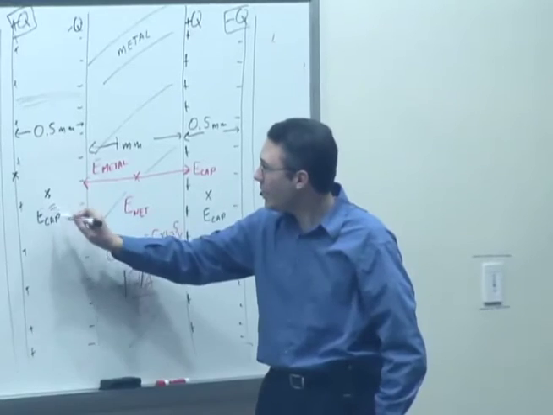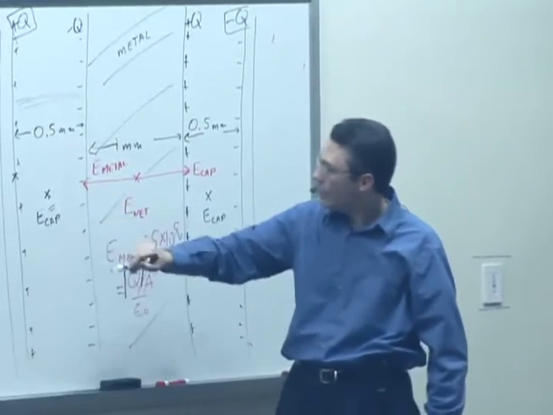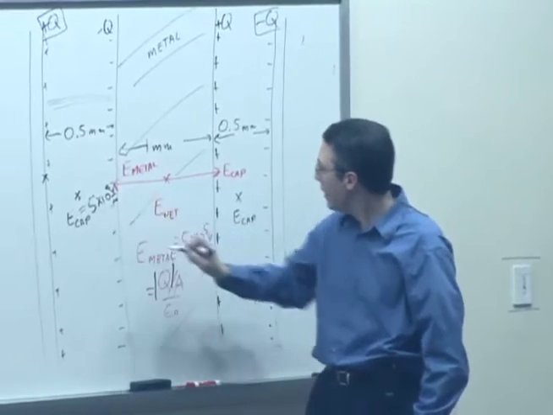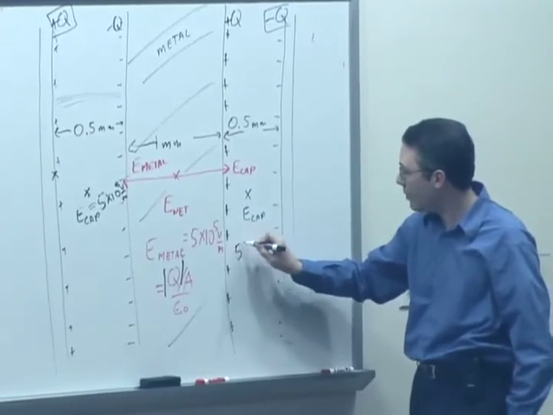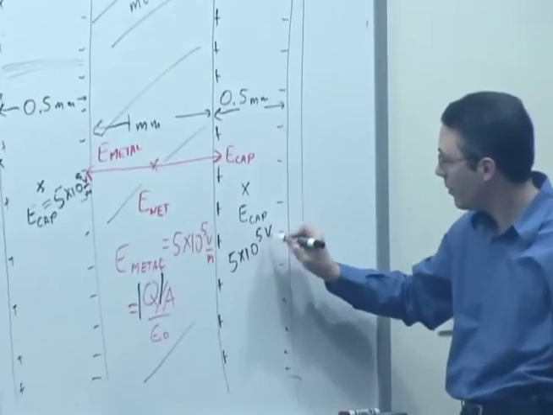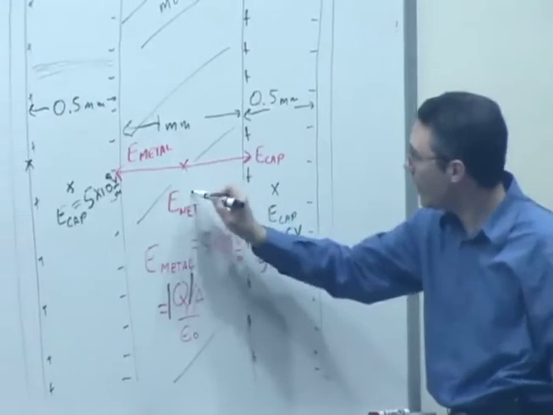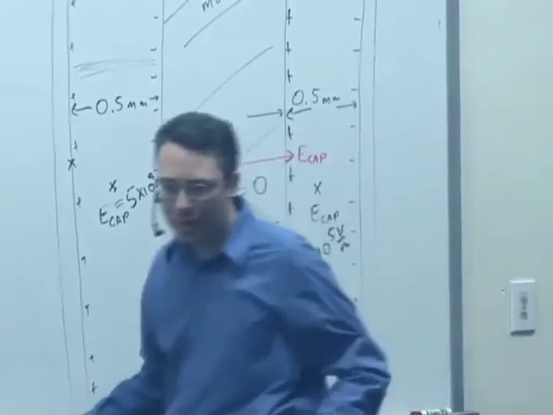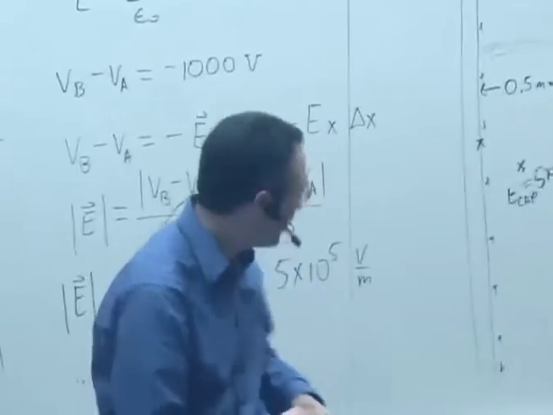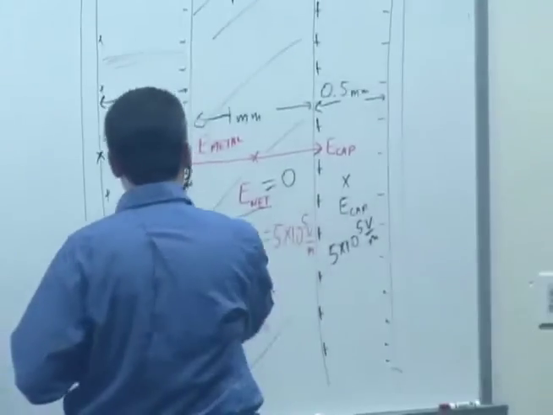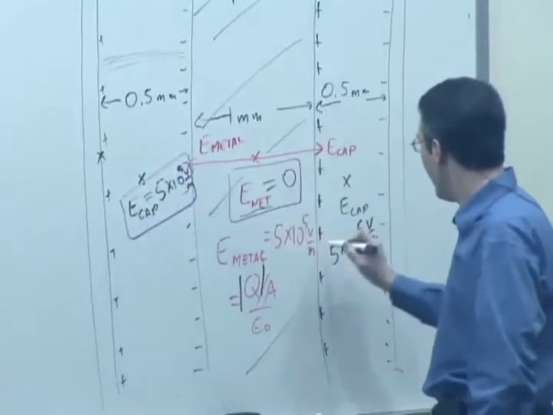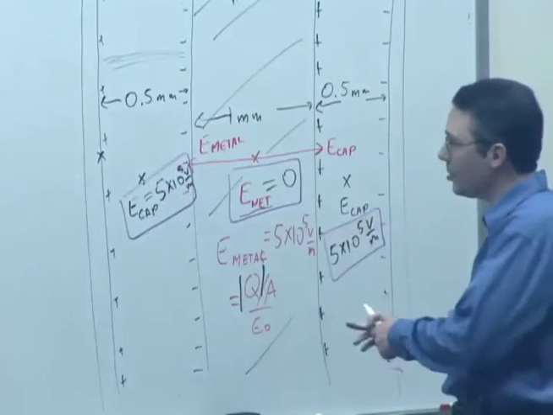The electric field in this air gap should be 5 times 10 to the 5th volts per meter, and in here, the net electric field, we said, is equal to 0. So now we have 3 regions, one after the other, with 3 different uniform electric fields.